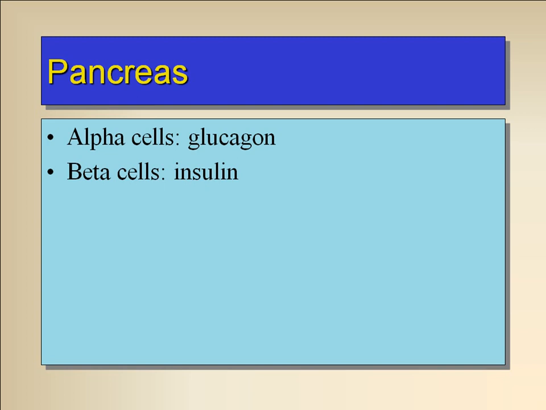How does it cause an increase of glucose? What are some of the mechanisms? It goes to the liver and facilitates glycogen breakdown. And glycogen is what? Stored glucose. So we take a couple of glucose molecules, stick them together, and call them glycogen. Glucagon causes that to break down.